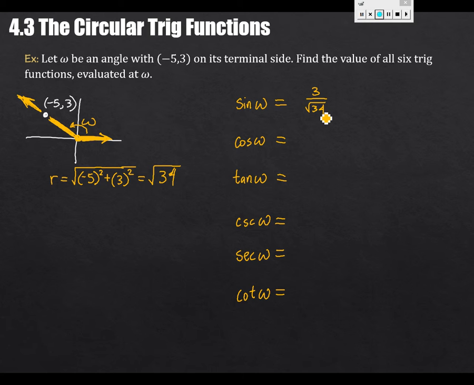Okay, and then the cosine is, Maria? Okay, it's something negative, like we said on the previous slide, but now we've actually put some numbers to it. Robin, give us the tangent.